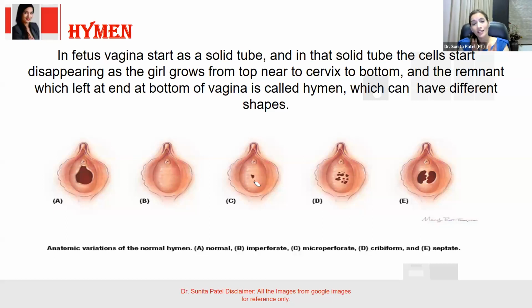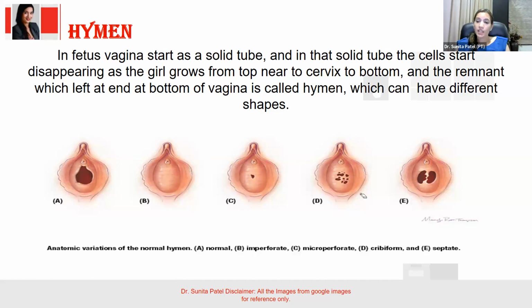We don't want a collection of fluid inside the vagina. So we need an opening, a door, and through it the fluids should leave the body. We don't want a completely closed structure, and not a very small opening either. We need a good type of opening down there. That is very important.